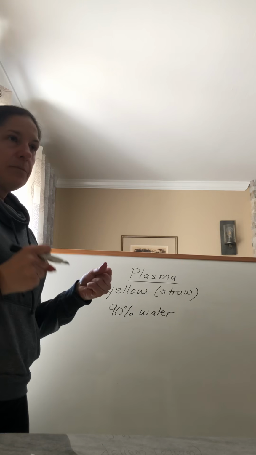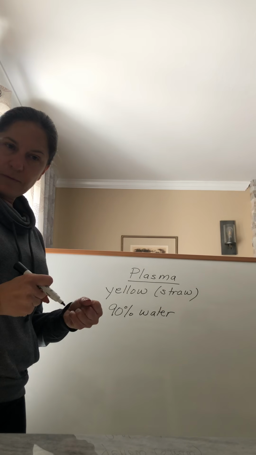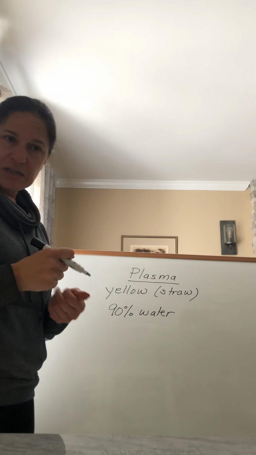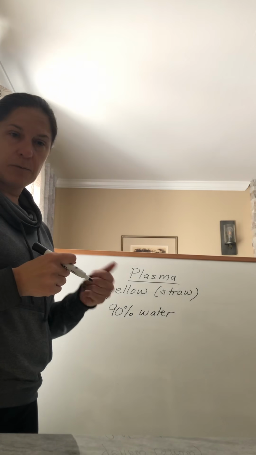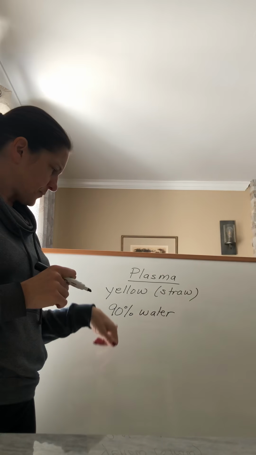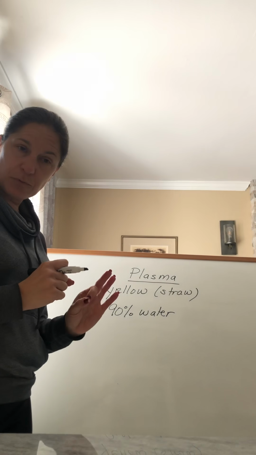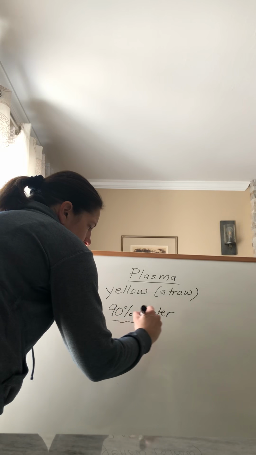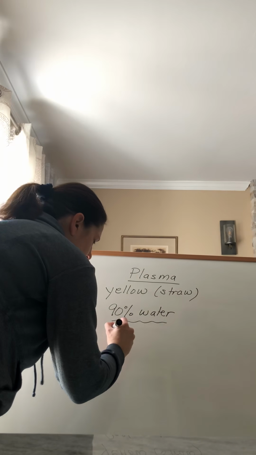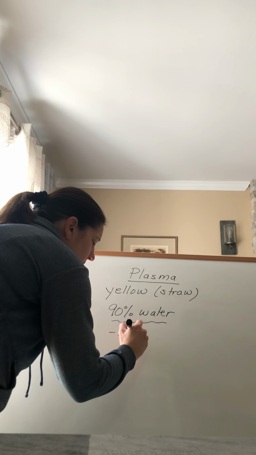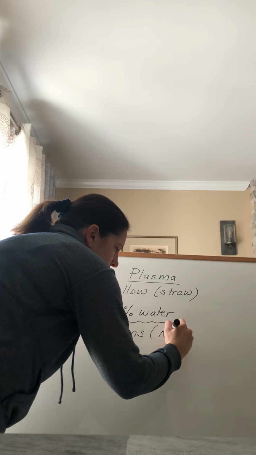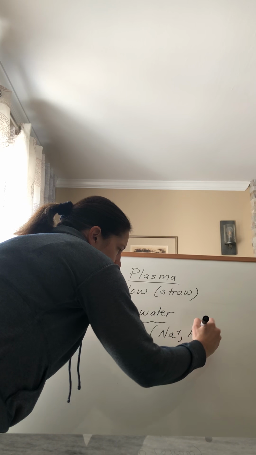So we learned in A&P 1, I'm not sure that we remember, but we'll just cover it quickly again. Water is a universal solvent, so that means many, many things can dissolve well in water, and that's super important because lots of things are going to be transported in your blood plasma. So, for example, what's in there? You have your ions, ones we've been talking about in terms of cardiac: sodium, potassium.